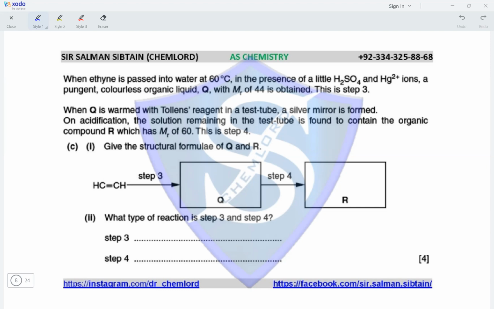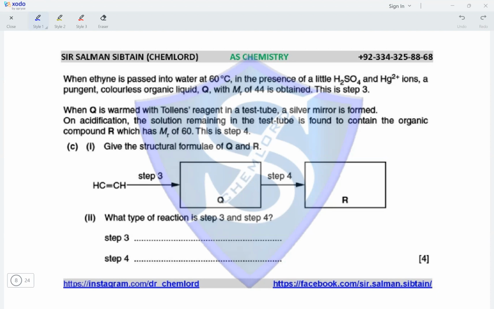So the difference between 44 and 60 is 16. So an oxygen atom is added. So in aldehyde, we've got one oxygen atom and the product has two oxygen atoms, which means it is converted into a carboxylic acid. So give the structural formula of Q and R.